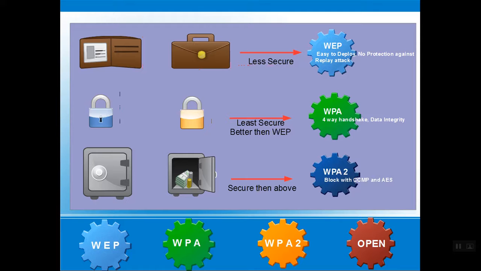So we can define WEP as less secure, because it's easy to deploy and has no protection against replay attack. But WPA2 performs the four-way handshake and also data integrity, and WPA2 is backed by the encryption protocols CCMP and AES. So this is the brief scenario of how we relate to WEP, WPA and WPA2.